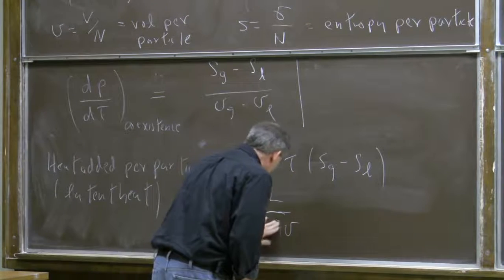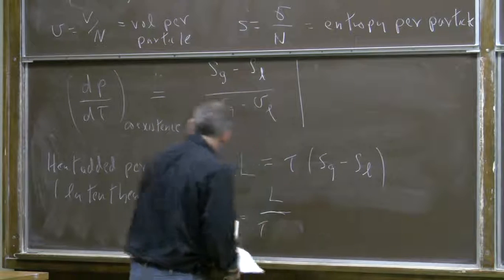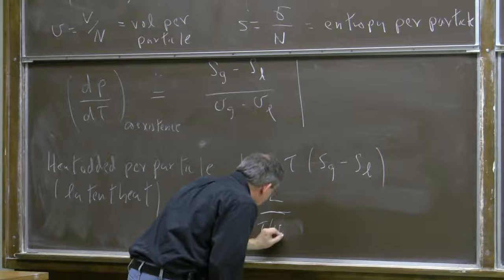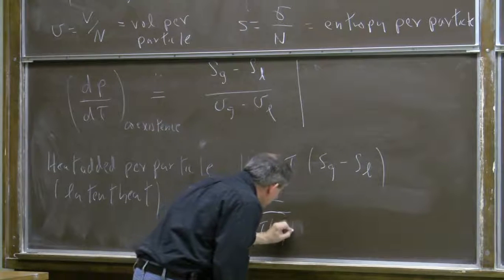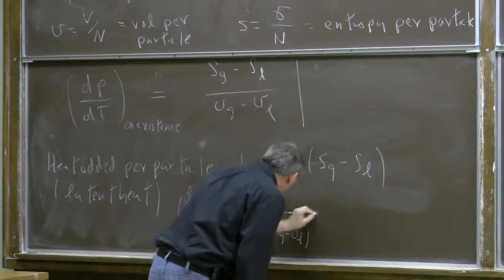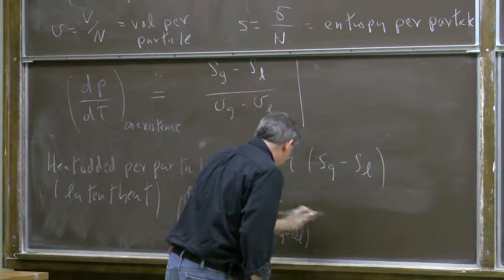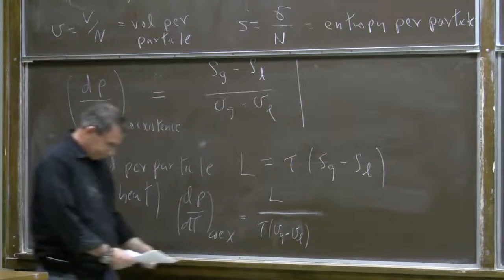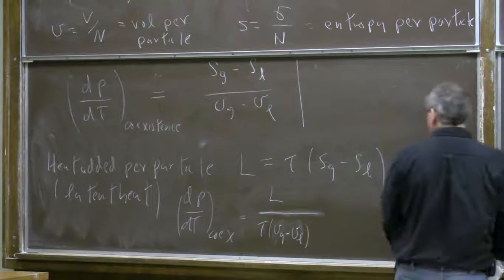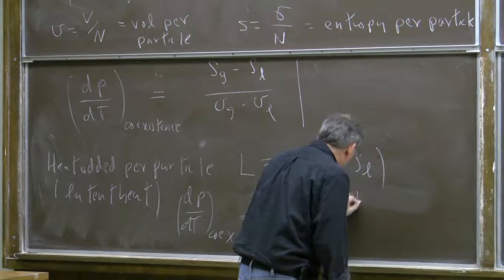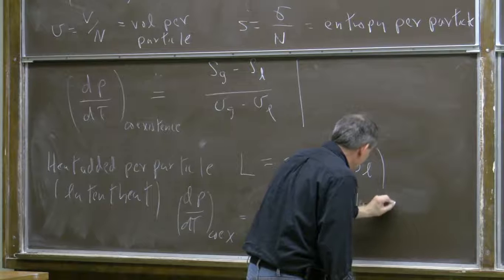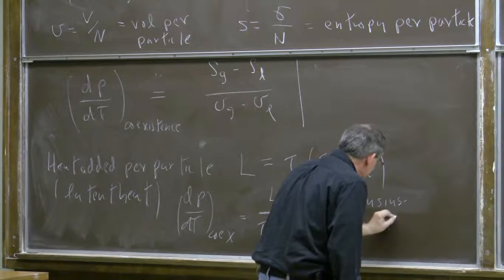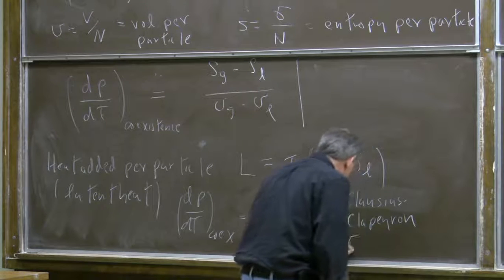Maybe so the sign convention is clear, I should just continue to call it V gas, the volume per particle of gas, minus the volume per particle of liquid. Okay. So this is called the Clausius-Clapeyron equation.